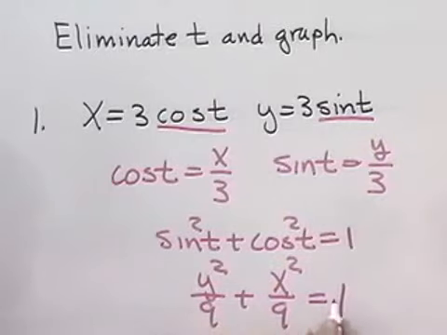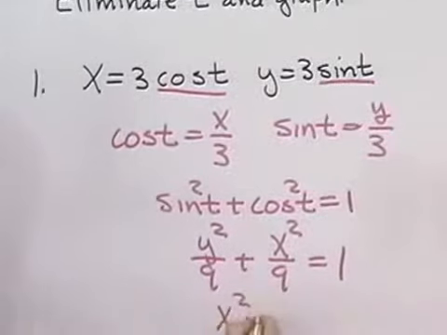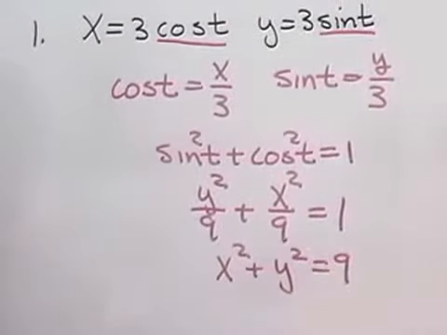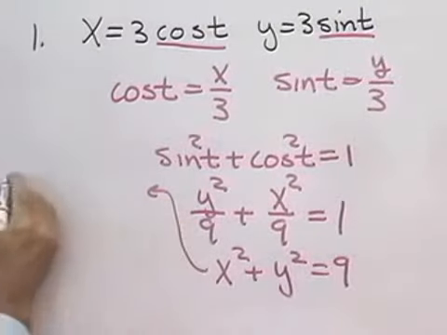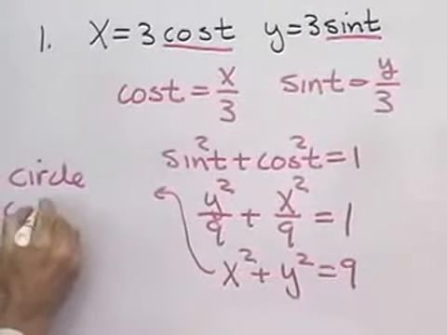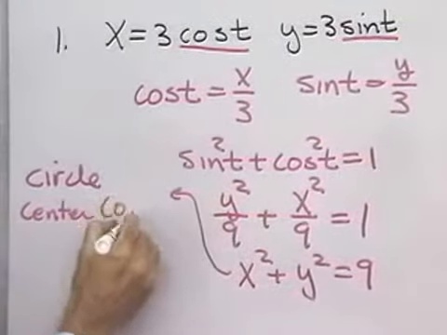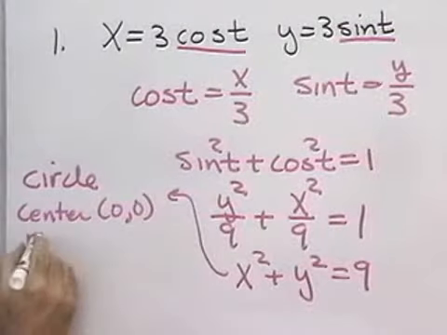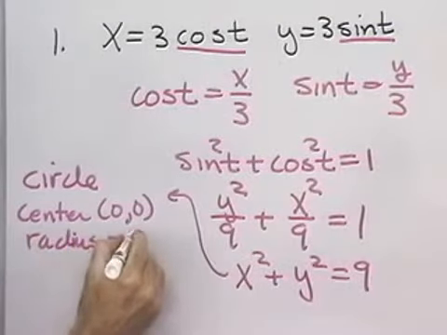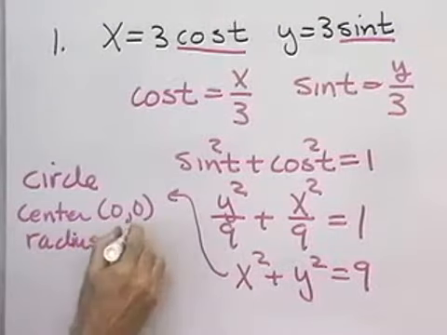If I multiply both sides by 9, and I'll write it in standard form, x squared plus y squared is equal to 9. So this will be a circle with a center at 0, 0 at the origin and a radius of, not 9, but 3.